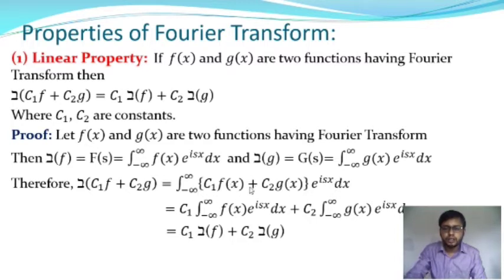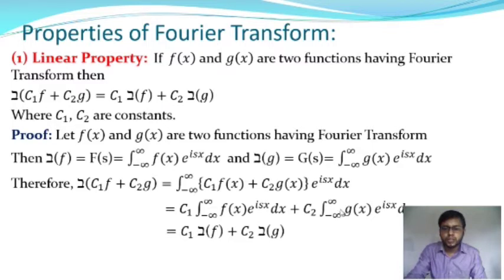After separating, it gives c1 times the integral from minus infinity to plus infinity of f of x e to the power i s x dx, plus c2 times the integral from minus infinity to plus infinity of g of x e to the power i s x dx. The first integral is the Fourier transformation of f of x, and the second integral is the Fourier transformation of the function g of x.